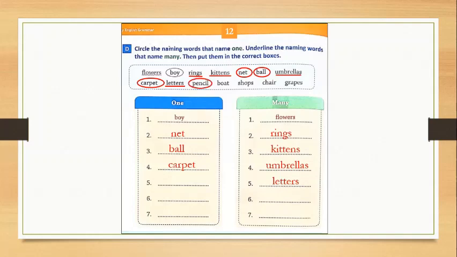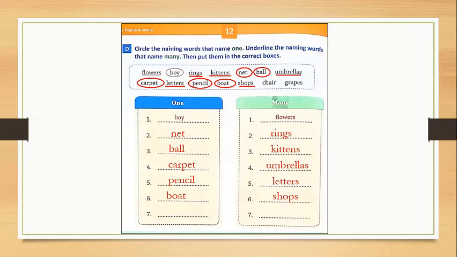So circle pencil, write it in the first column. Boat. Boat is again a naming word for one. So circle boat, write in the first column. Next is shops. Shops is a naming word for many. So we will underline shops, write it in the second column.